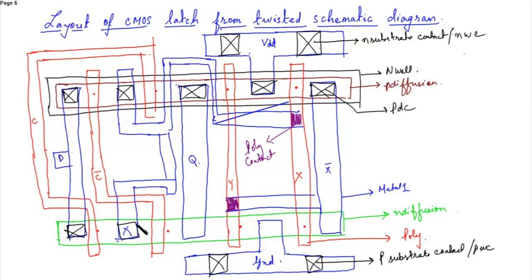Similarly over here you have to place an N diffusion contact. This is your NDC contact. This is the layout of your CMOS latch.